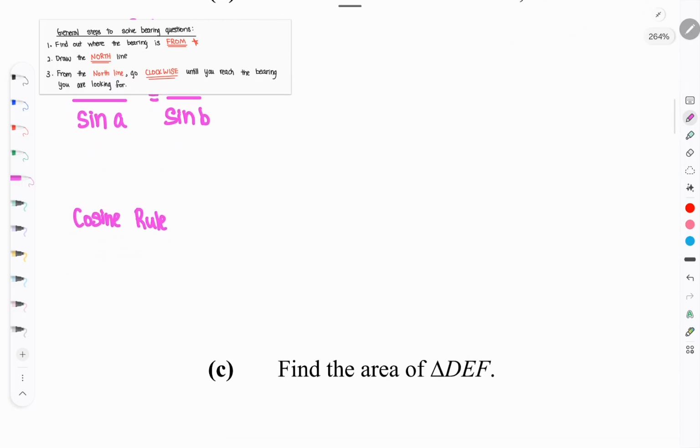Okay, cosine rule, the formula for it is c square equals to a square plus b square minus 2ab cosine C.